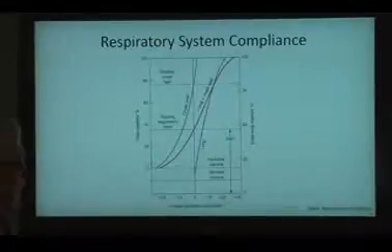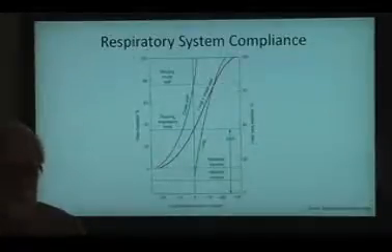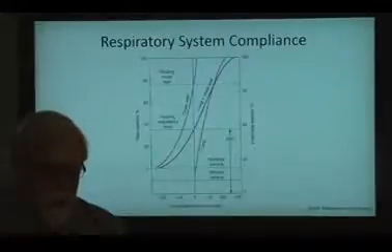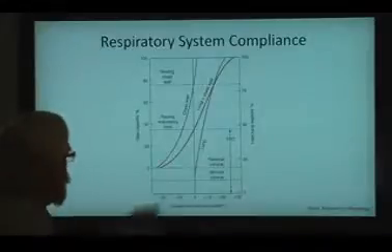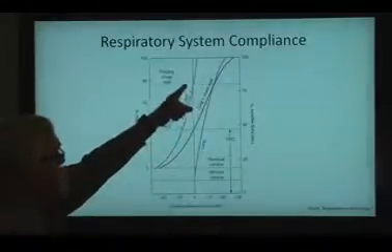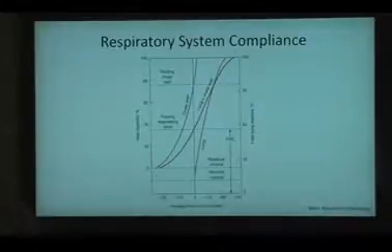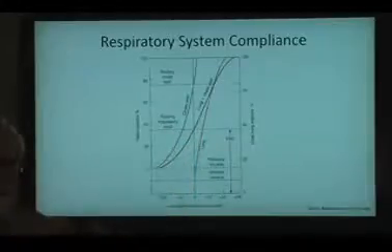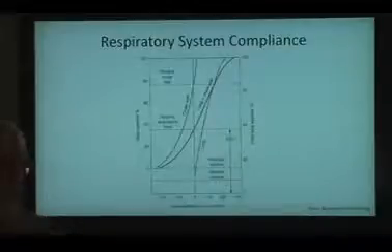We had pointed out that if we take the chest wall and we remove the lungs, and we just place the chest wall on the table and measure the pressure inside the chest wall at various volumes, the pressure throughout most of the lung volume, except at very high lung volumes, is negative, because the tendency of the chest wall is to expand outward.